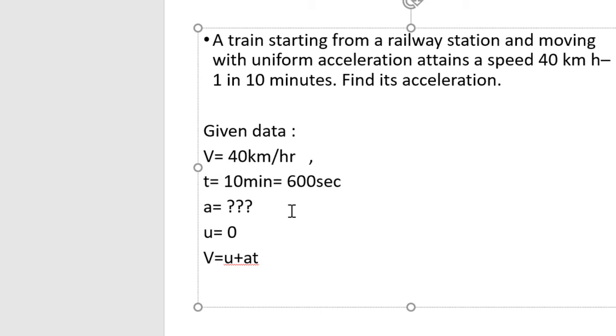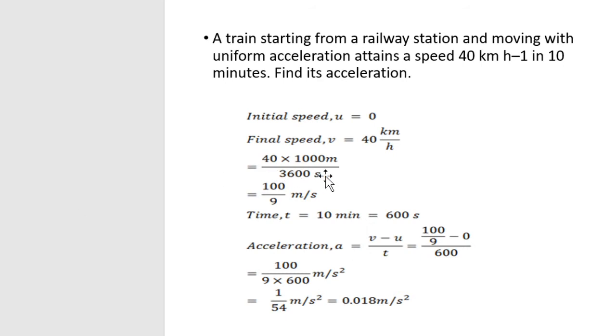So why would you complicate the situation? What you should do is convert kilometers per hour into meters per second, and also convert your time into seconds. Remember, time has to be in seconds, distance in meters, and speed in meters per second. Keep it simple, right?